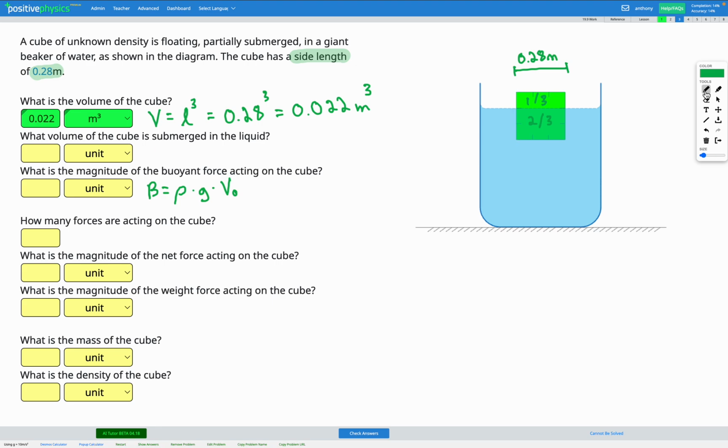So if we know we have a total volume of 0.022 meters cubed and 2/3 of that is submerged in the liquid, then our volume submerged is going to be the total volume, which is 0.022 multiplied by 2/3. So 2/3 of that is underneath the water. That gets us a submerged volume of 0.0146 meters cubed. Let's fill that in to check that was correct.